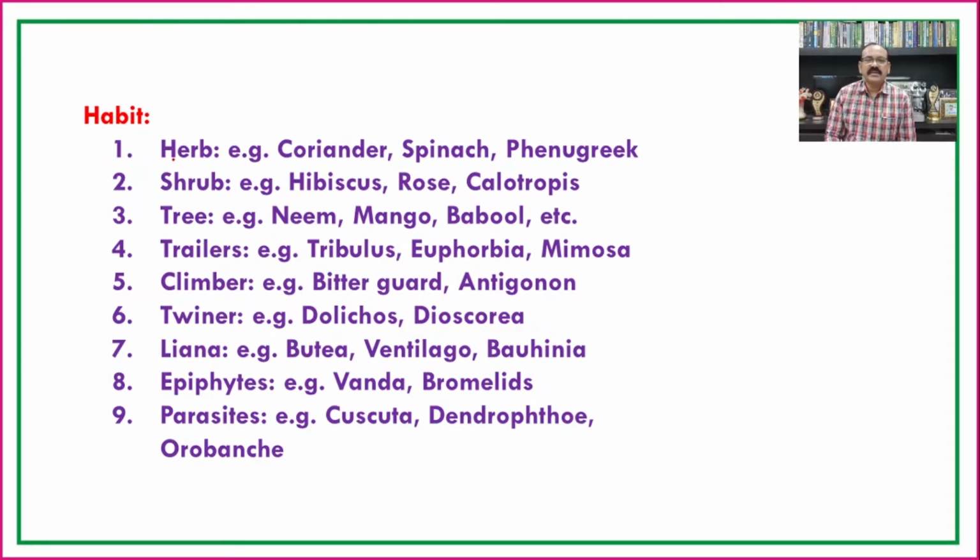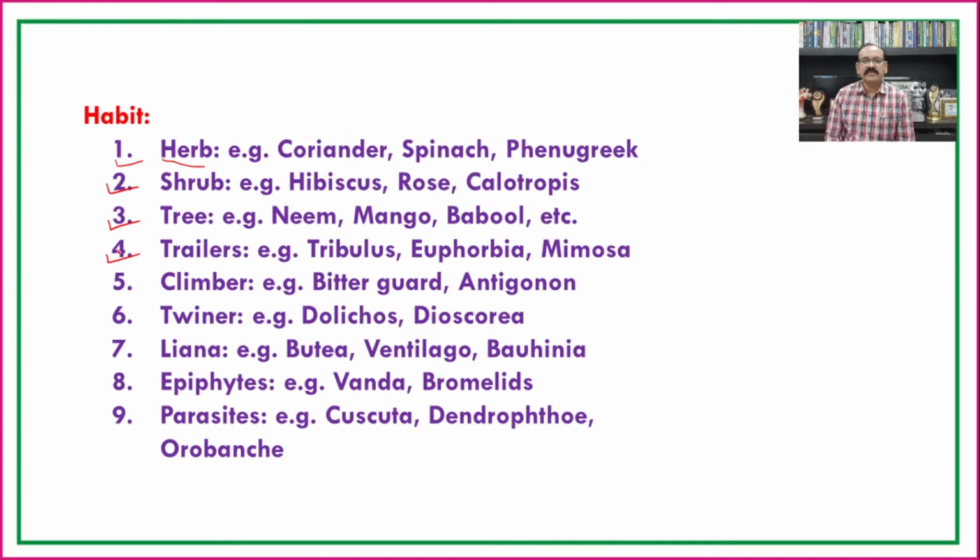The first one is herb, and examples are coriander, spinach, fenugreek; then shrub: hibiscus, rose, Calotropis procera; then trees like the neem, mango tree, banyan tree, etc.